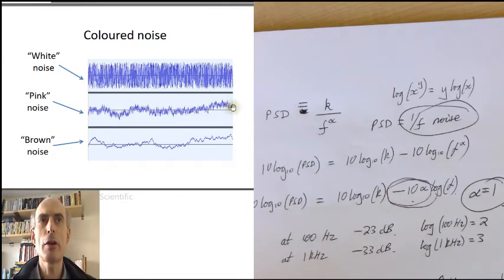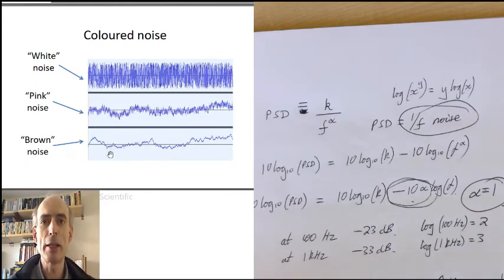They are very noticeable, and they are a result of this noise having more power at these low frequencies. There is another type of noise that has even more of its power at very low frequencies and even less at very high frequencies, and it's called brown noise, and it looks like this.